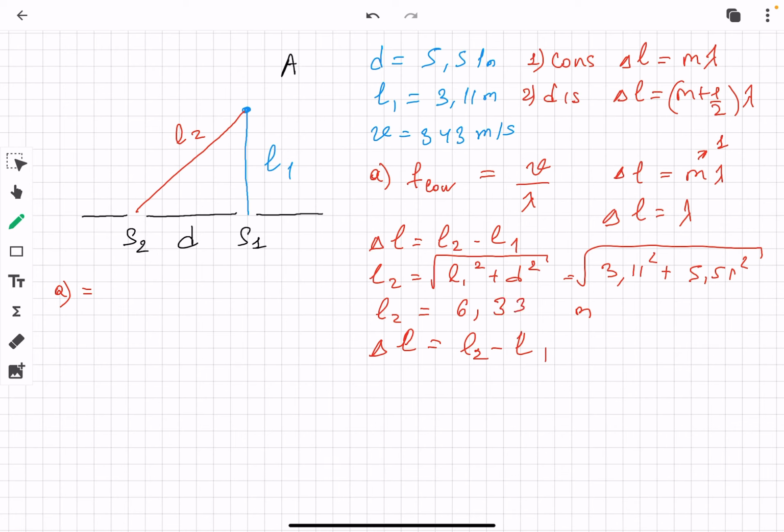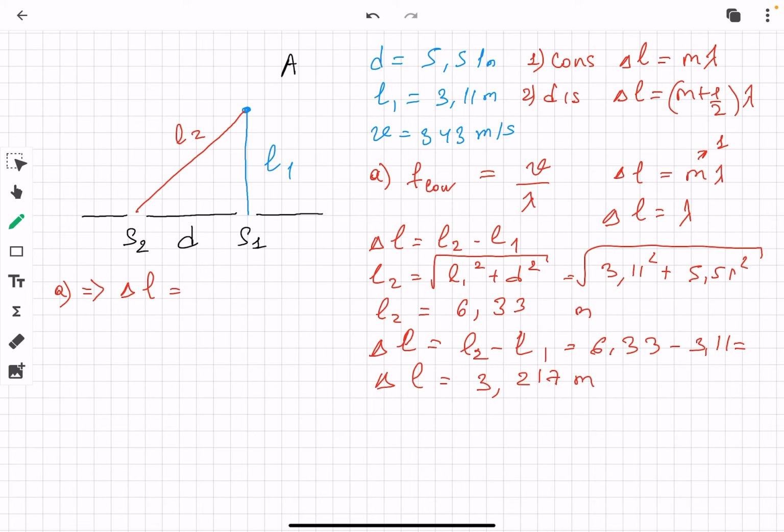Now delta L will be L2 minus L1, which is 6.33 minus 3.11. That should give you 3.217 meters.